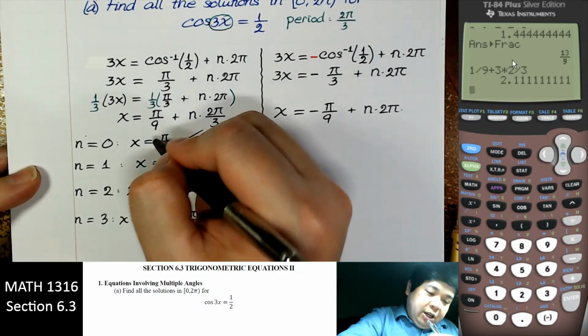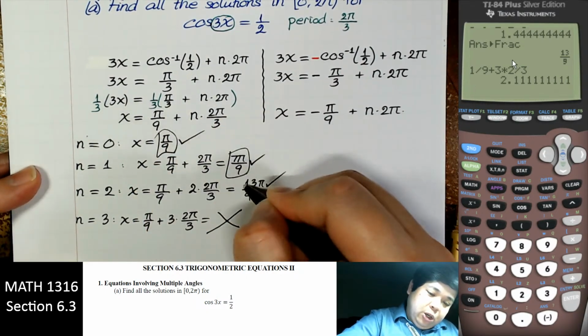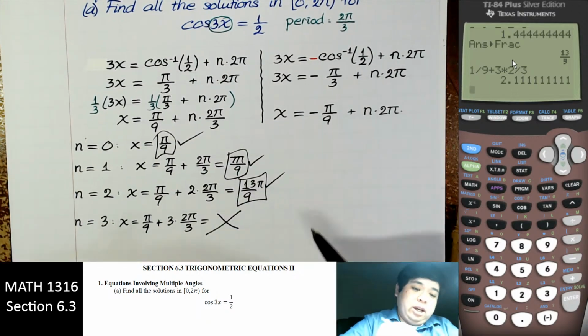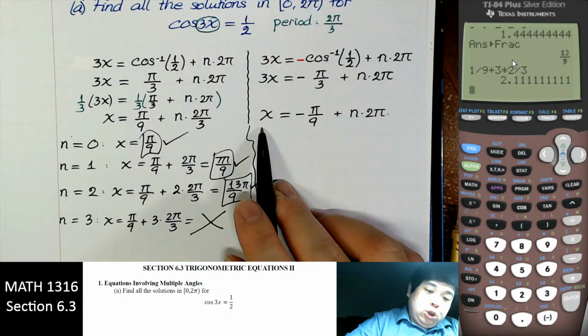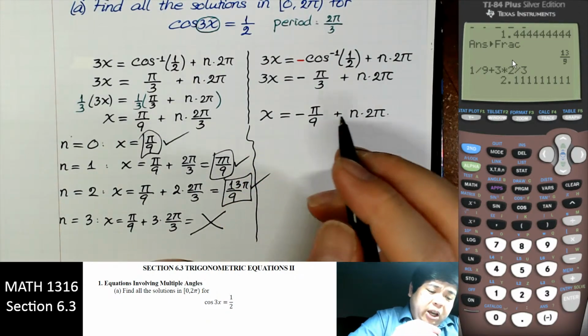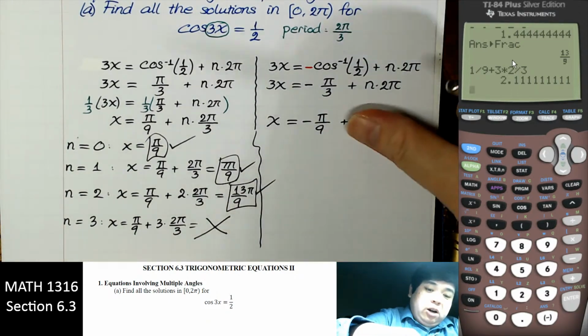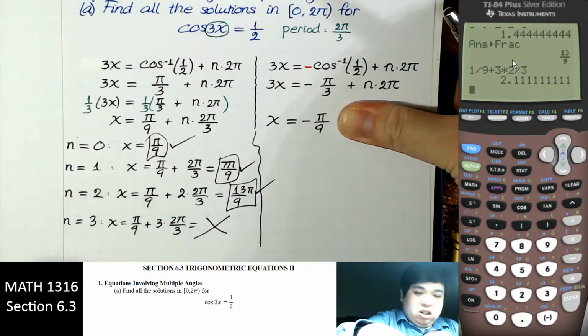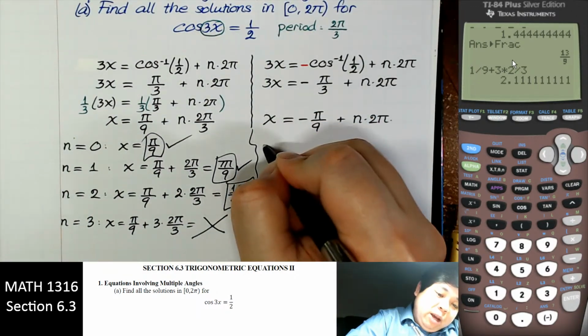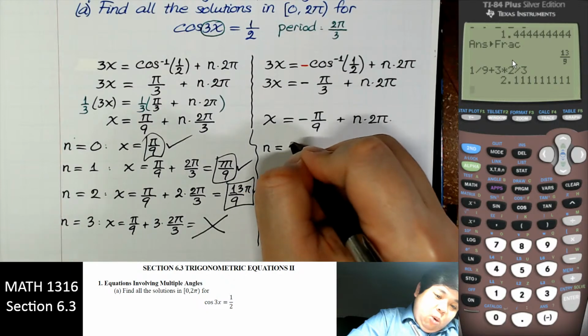So we have 1, 2, and 3 solutions here. Now do the same thing and choose some values here. Obviously, if we choose n equal to 0, it doesn't work because it's negative, which is less than 0. So I have to choose 1.